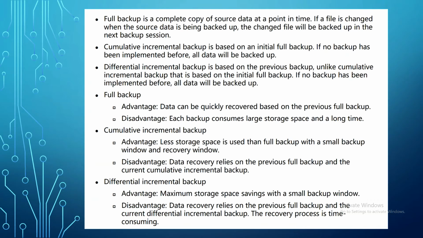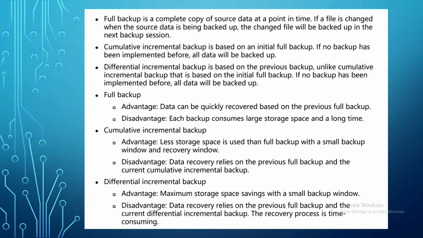The recovery is Jan 1st full backup plus Jan 2 incremental, Jan 3 incremental, and Jan 4. So I have to restore the whole chain. Otherwise, I will not be able to get the latest data. So in differential, this is the drawback. You have to restore the complete chain to go back to your recovery point.